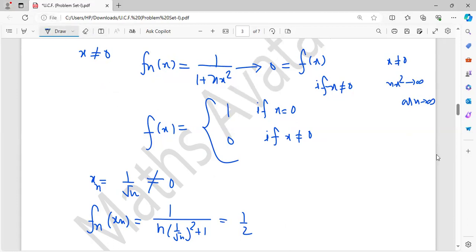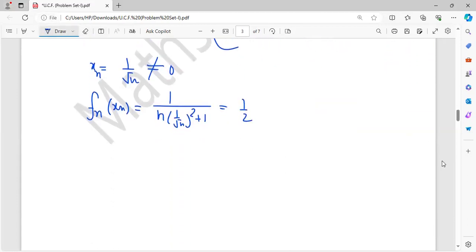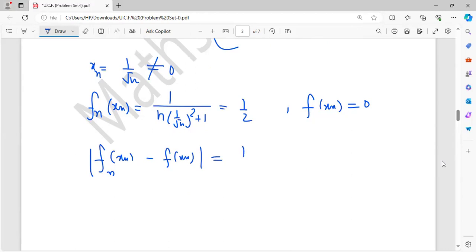Now what about this? f(x_n) is 0 because x_n is non-zero. So what about f_n(x_n) minus f(x_n)? It is equal to 1 by 2 minus 0, that is 1 by 2.